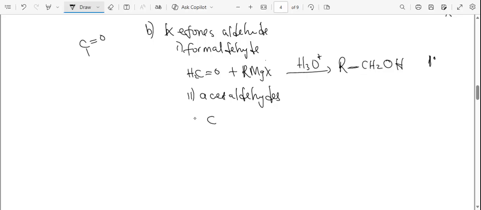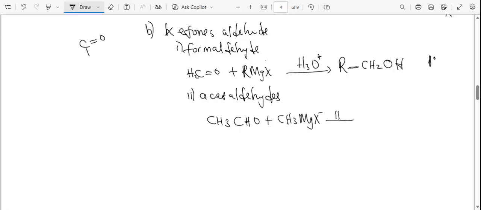So I have, let's say, CH3, then the carbonyl bonded to oxygen like that. So this is the good representation. Then I'm reacting it with a certain Grignard reagent, which is CH3, bonded to the metal. Hope now you're able to see where we are going.